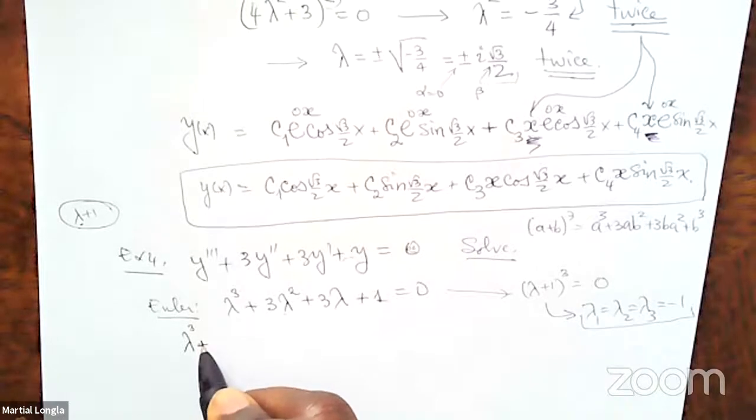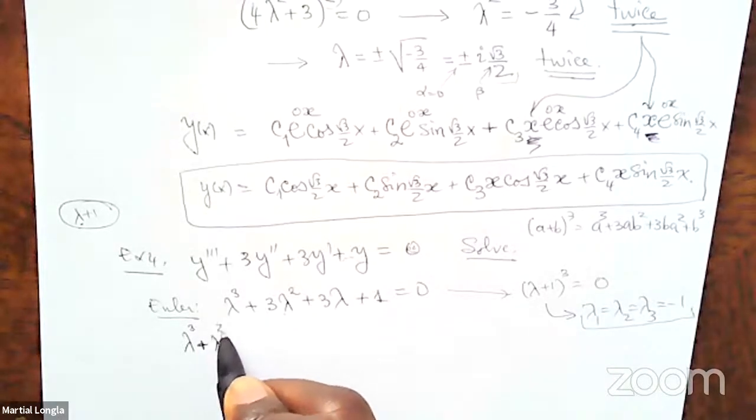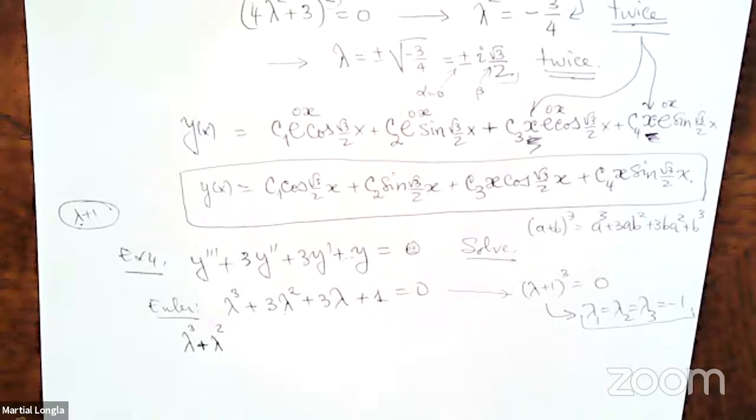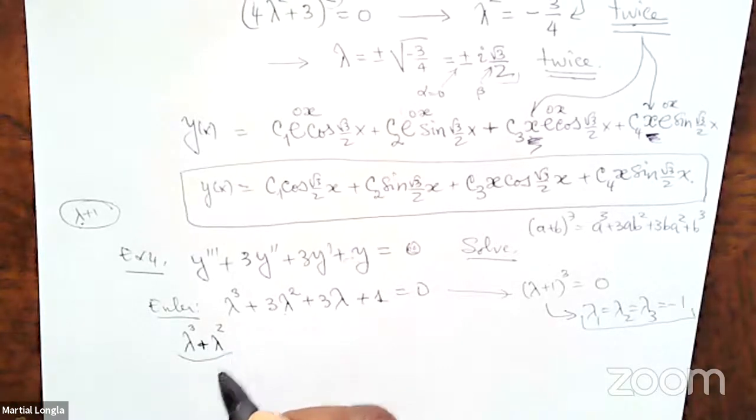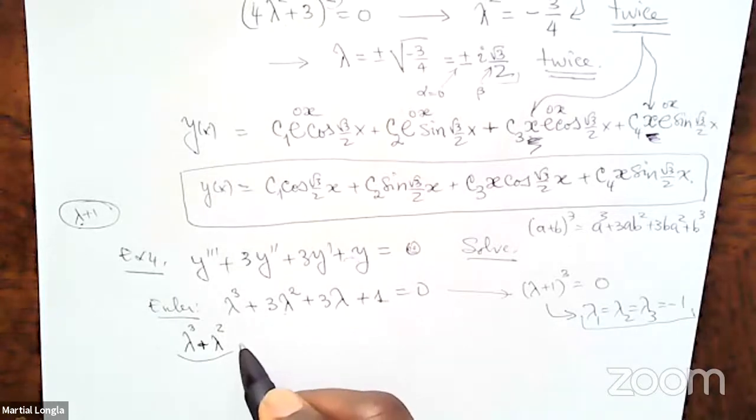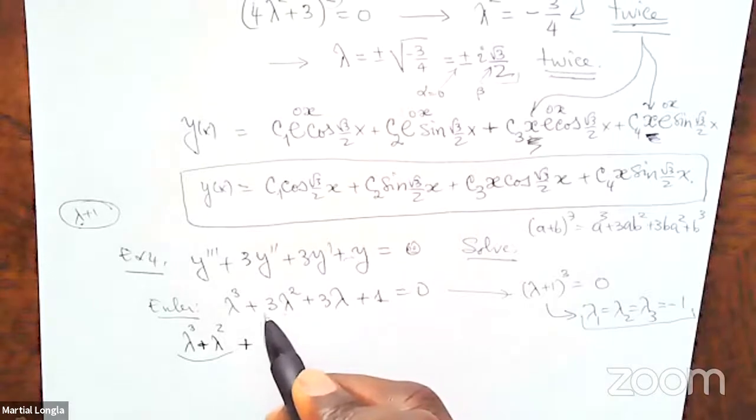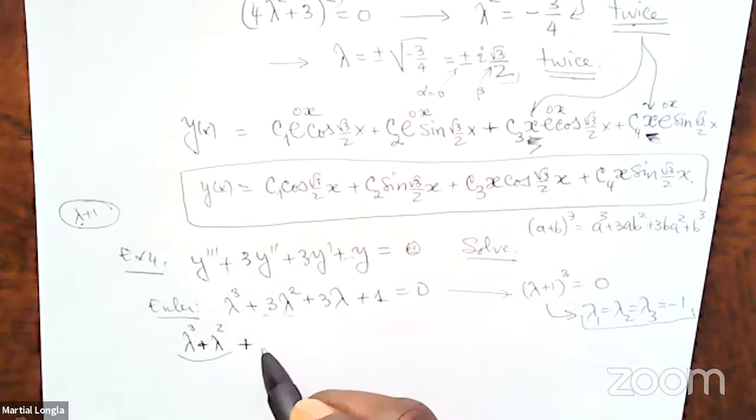Therefore, what is the term I need here? That's lambda squared. From this, I can factor out lambda plus 1. Now, I took only lambda squared, but there were 3 lambda squared. So I remain with 2 lambda squared.